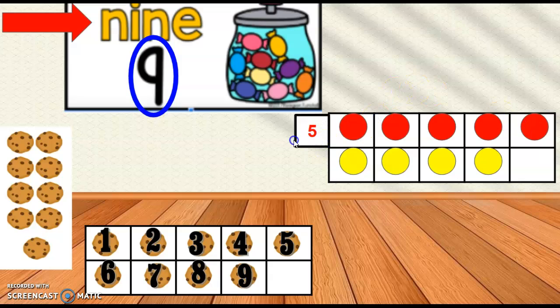And how many yellow counters do we have? 4. And when we count them all together, we get what? Let's see. 1, 2, 3, 4, 5, 6, 7, 8, and 9. So we can say 5 and 4 makes what number? 9. Okay. Now you're going to go and complete your assignment.